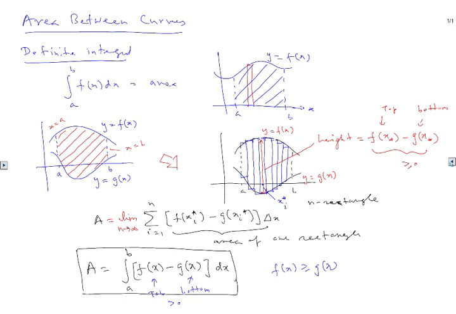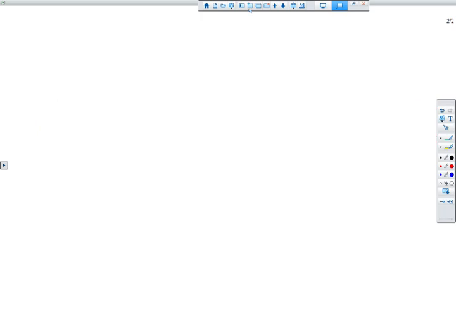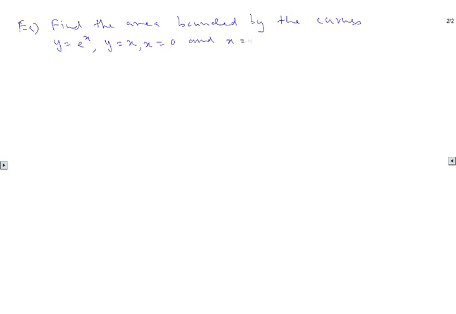Okay, so let's do some examples now. Let's do something easy first. Let's say: find the area bounded by the curves y equals e^x, y equals x, and then x equals 0 and x equals 1.